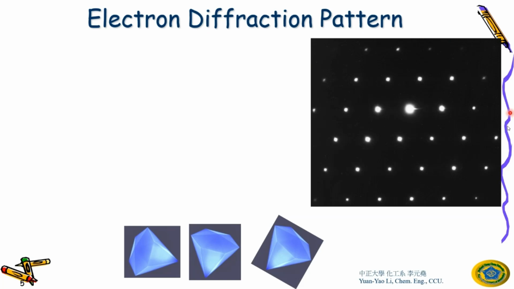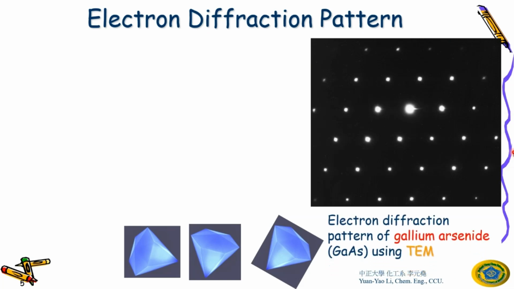So for example, this one is an electron diffraction pattern of gallium arsenide. Gallium arsenide is a compound semiconductor, right? Hope you remember when we talked about band gap engineering. This is the kind of pattern.